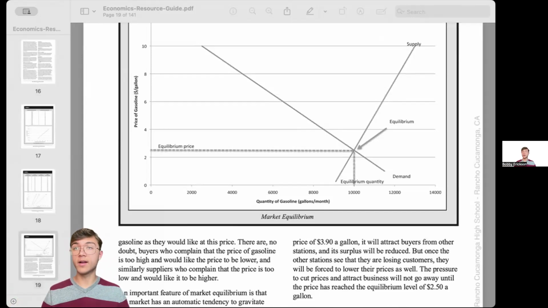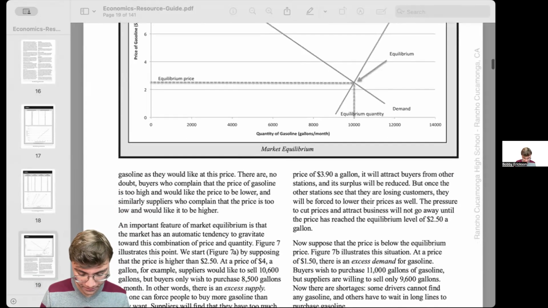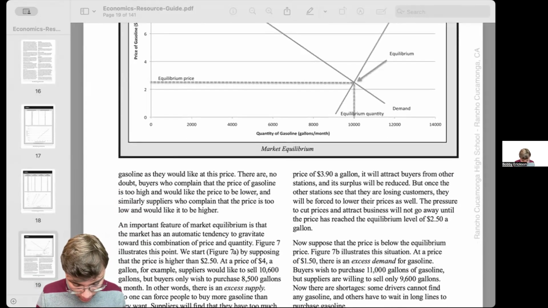So all the buyers and all the sellers are capable of buying, maybe not willing, but capable of buying and selling, and capable just meaning it's what the price is at that specific price of equilibrium.